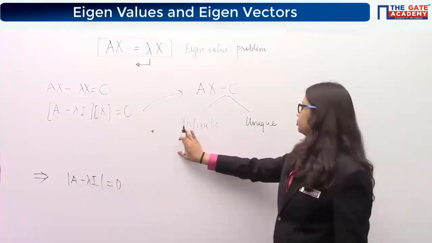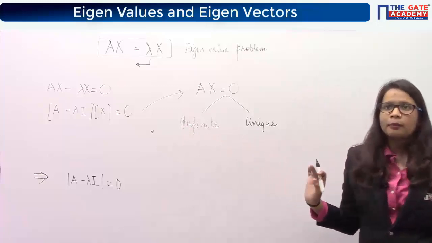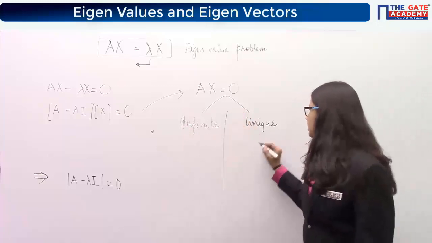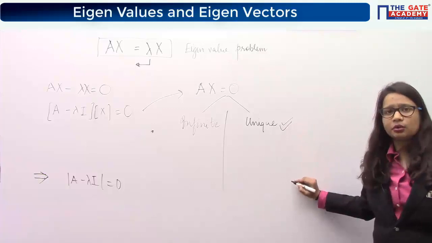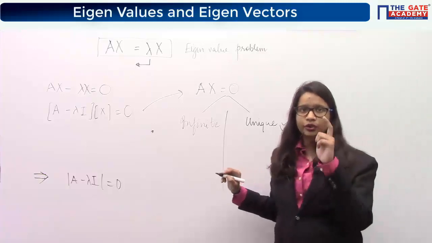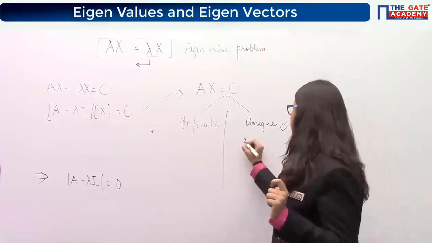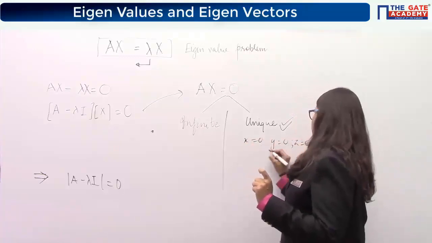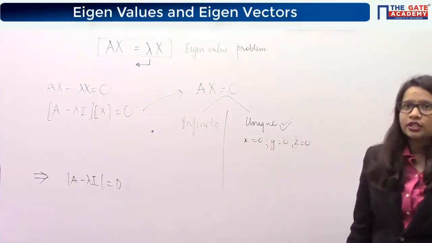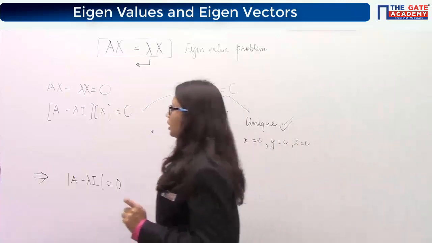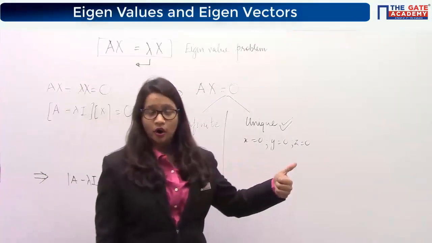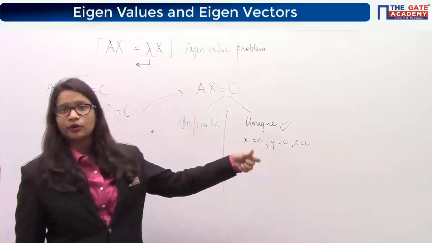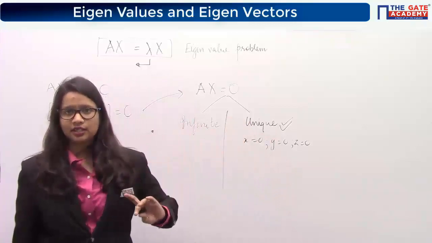If the system has a unique solution, then there is only one solution, and that solution is x equal to 0, y equal to 0 and z equal to 0. Yes or no? So this means that the zero vector or the origin is one of your eigenvectors.